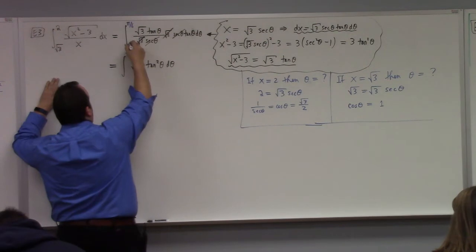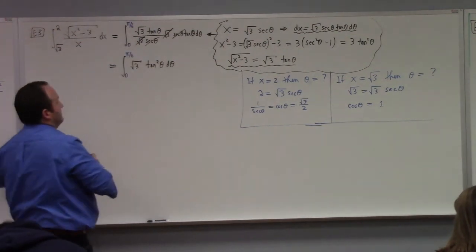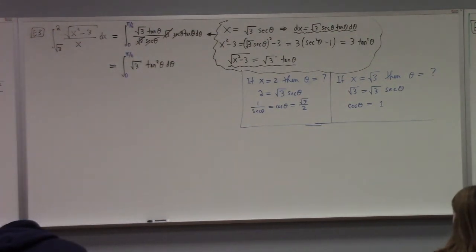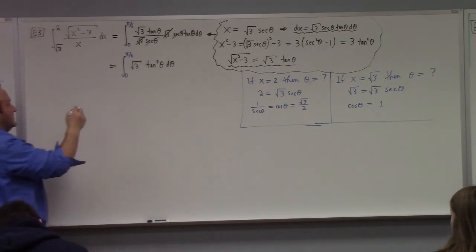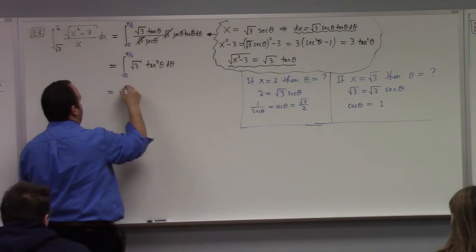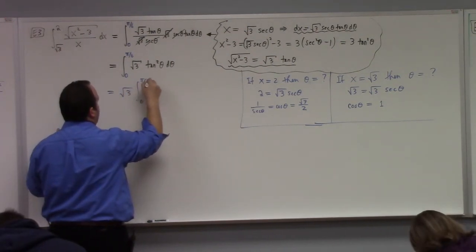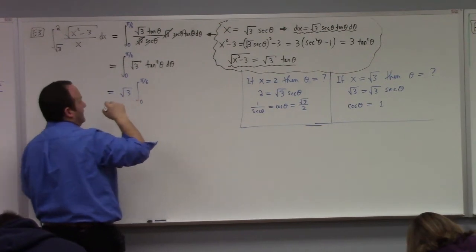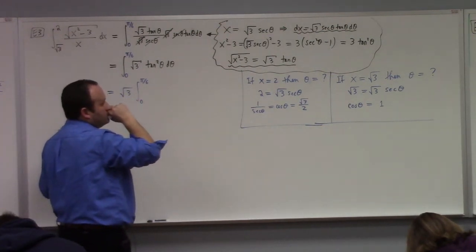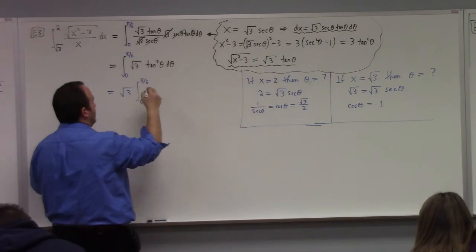So the lower bound becomes 0. Now we're off to the races. What's the integral of tangent squared theta? Well, let's swap that out. What was tangent squared in terms of secant squared? It was secant squared theta minus 1, am I right?